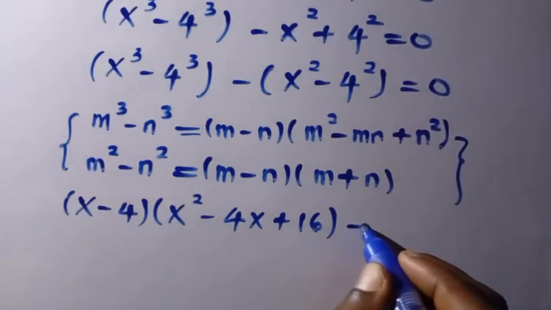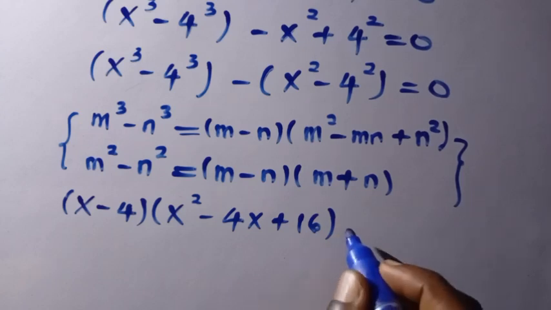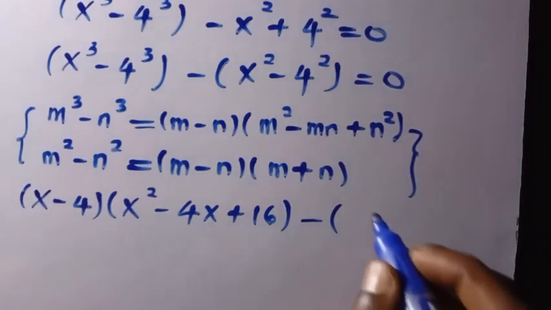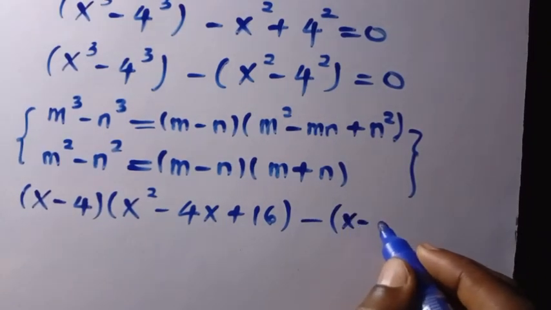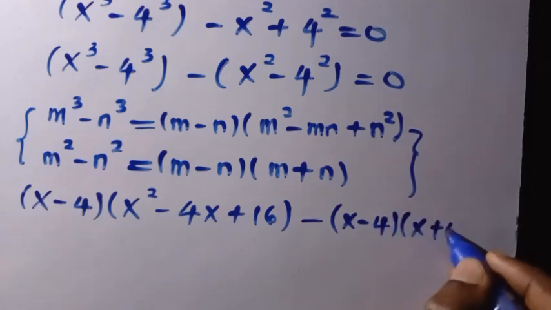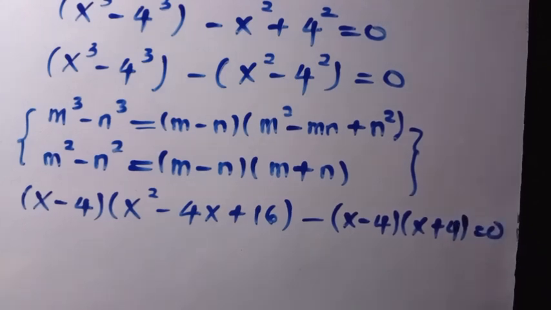And again we have minus open bracket x squared minus 4, which we consider as x minus 4 multiplied by x plus 4, and everything equals 0.